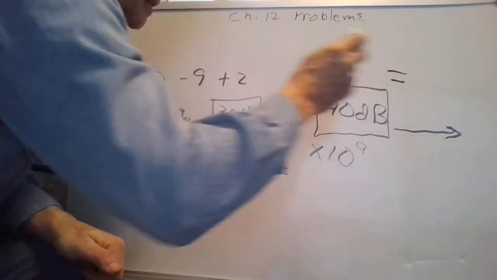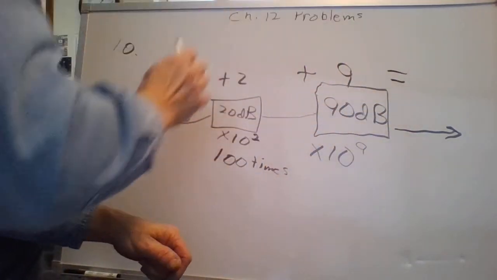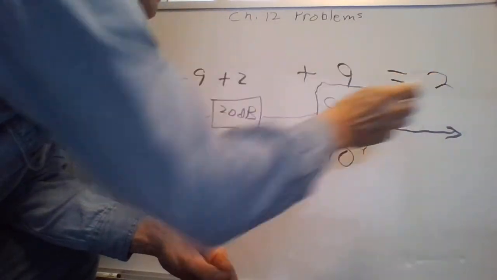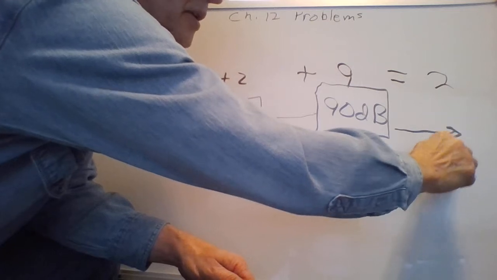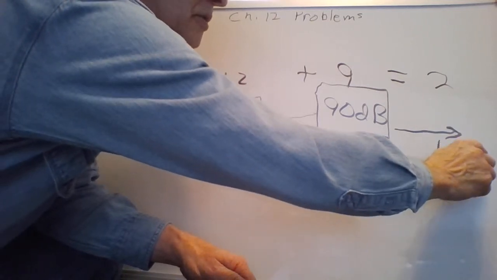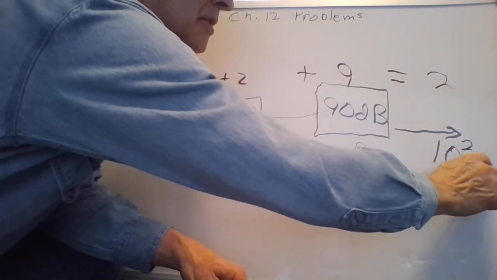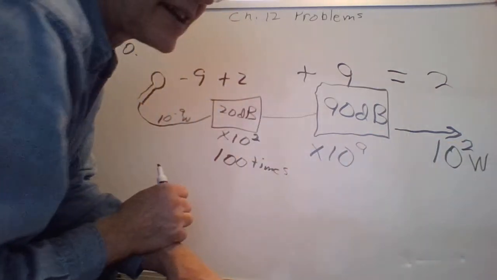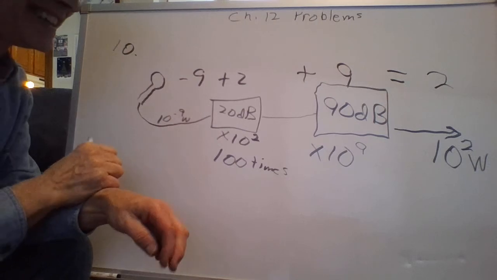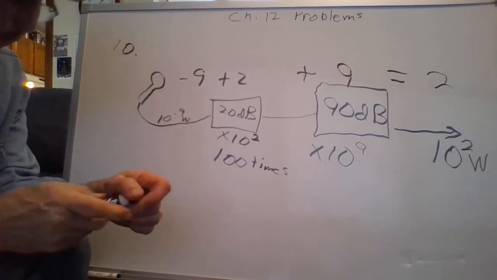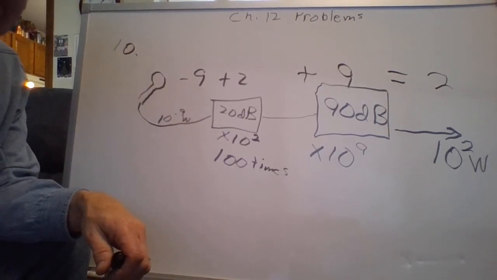And what do we get? 2. Right? Which, if we look at it in actual power, is 10 to the 2 power. In this case, what is the unit of power? Yes, it is. Okay, let's pause.